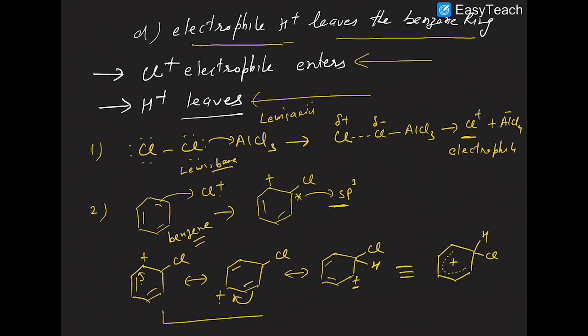So this is known as what? This is known as a sigma complex. Okay, look at that from this 1, 2, 3, 4, 5. So the positive charge has been spread over all these 5 carbons, and particularly at ortho and para position of chlorine, these charges are mild. Okay, sure about that or not?